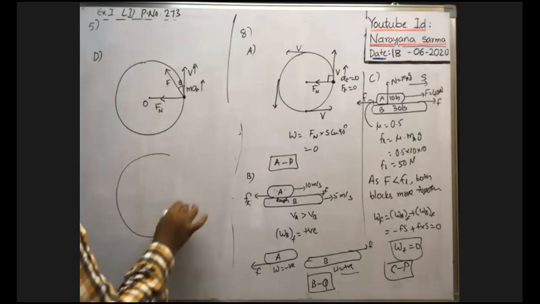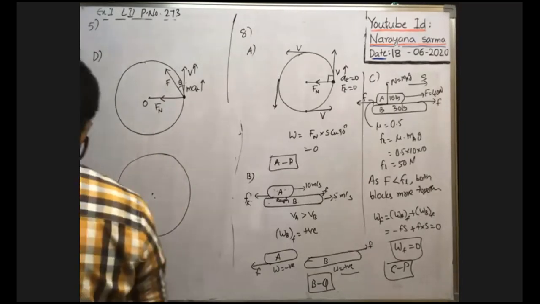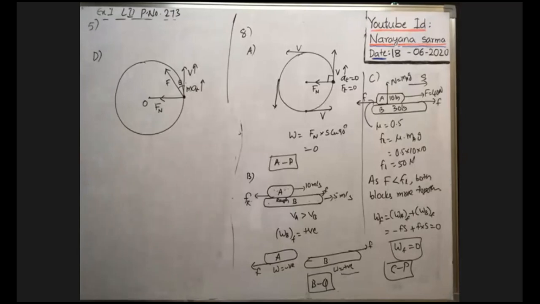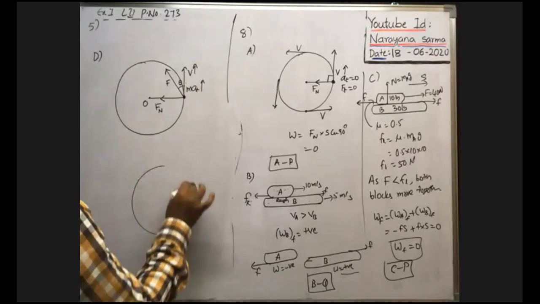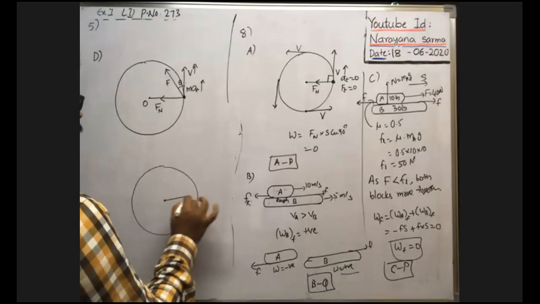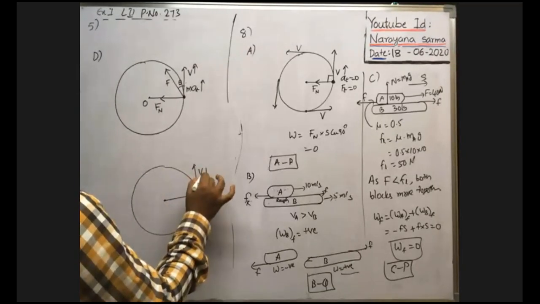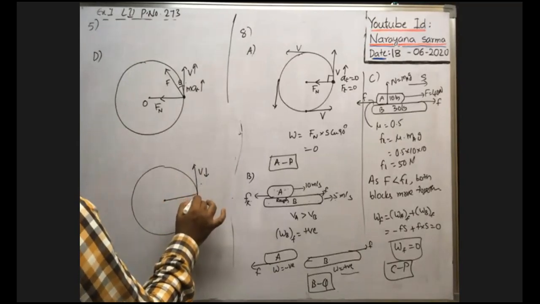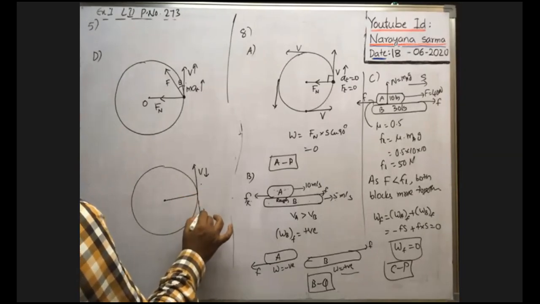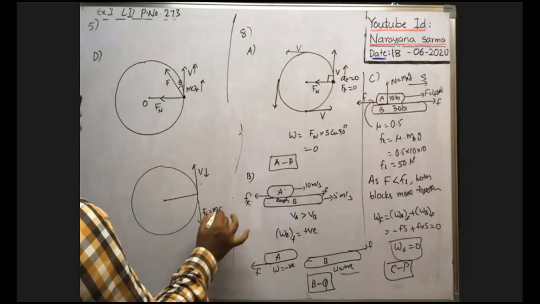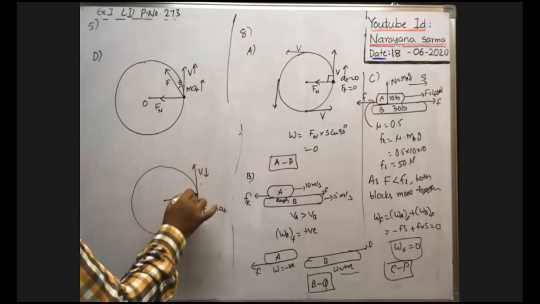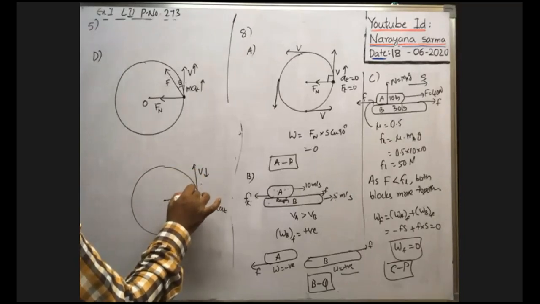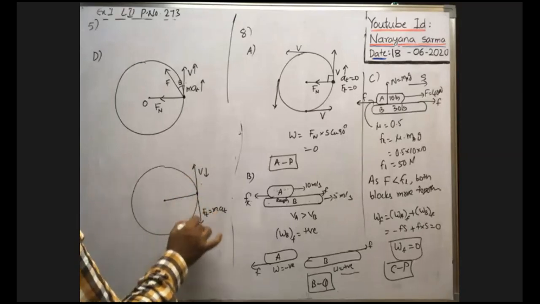Suppose the speed of the body moving along the circular path goes on decreasing. When V decreases, there is negative tangential acceleration, so the tangential force acts in the opposite direction, opposite to the motion.